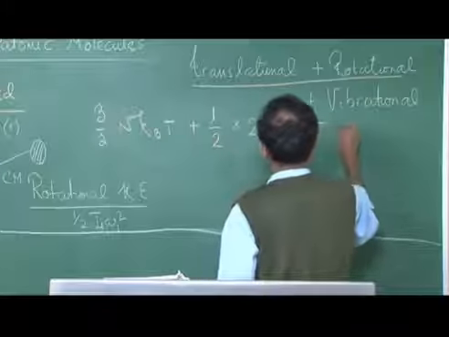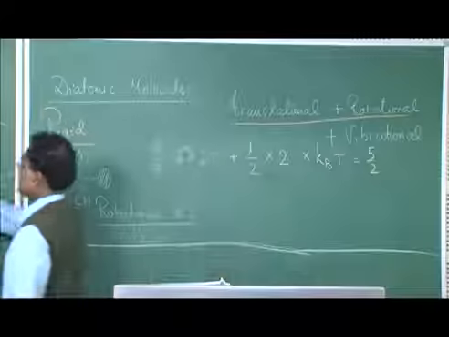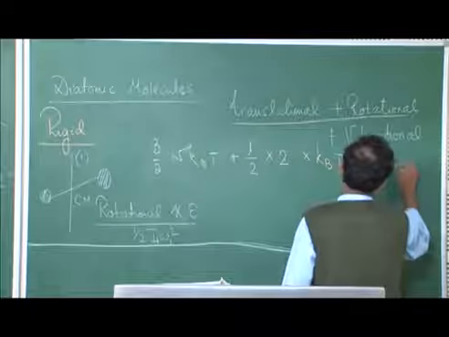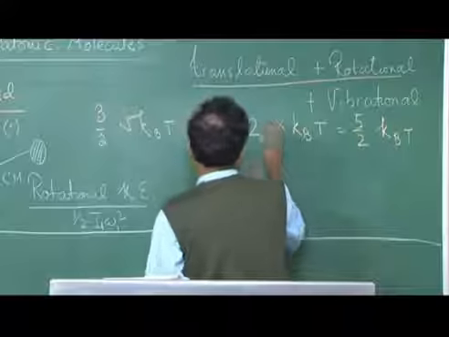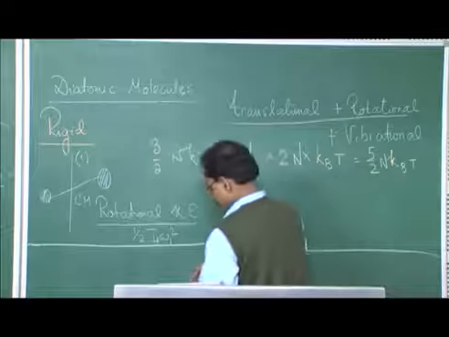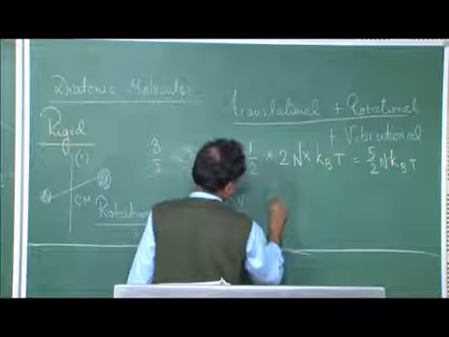This I did in the last class. This gives me 5 by 2 kBT, and if I have N molecules, I should be having an N here. So, CV will be given by 5 by 2 R.